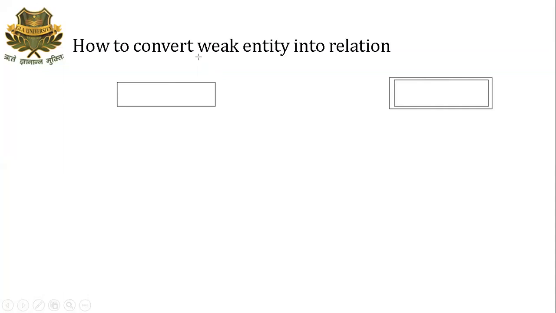And the strong entity and weak entity are linked with the help of this identifying relationship. The identifying relationship is used to make a connection between a strong entity and a weak entity, right? So here I'm just drawing the identifying relationship.